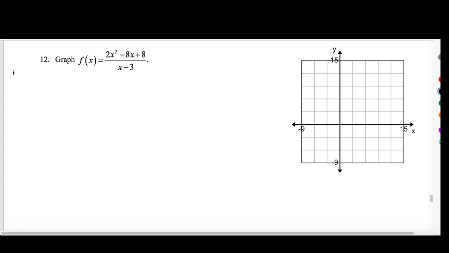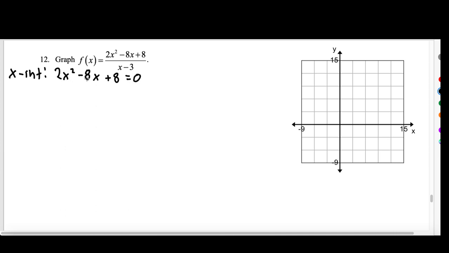Let's start that the way we did with the previous two by finding the intercepts first. X intercept will correspond to where the numerator is equal to 0. So that gives me 2x squared minus 8x plus 8 equals 0.